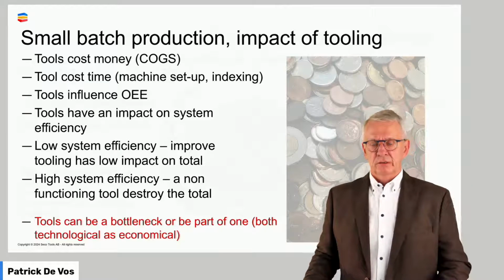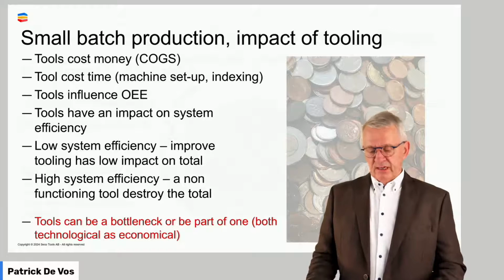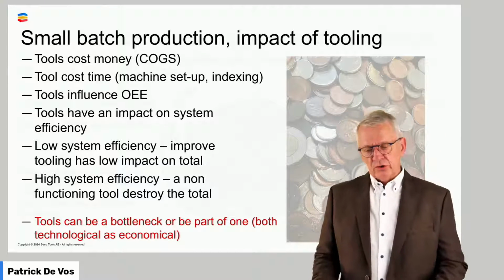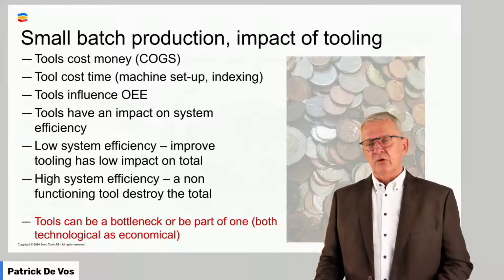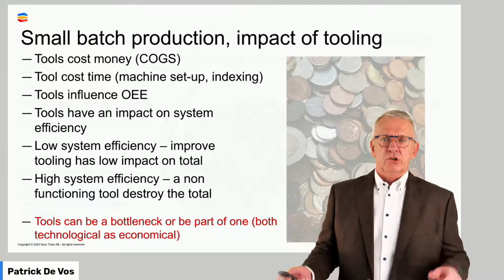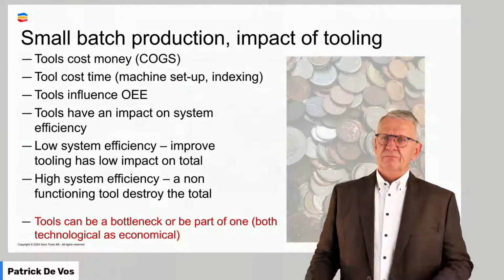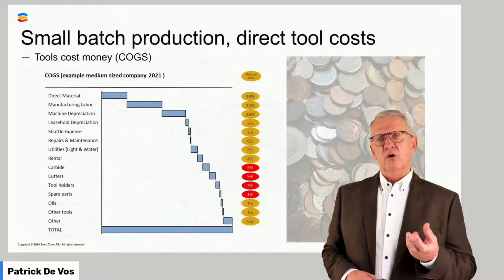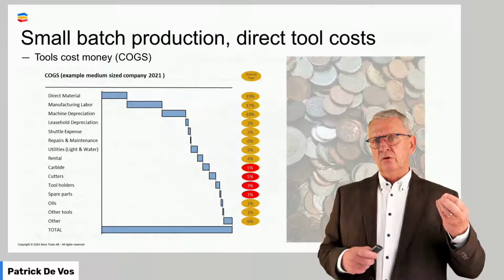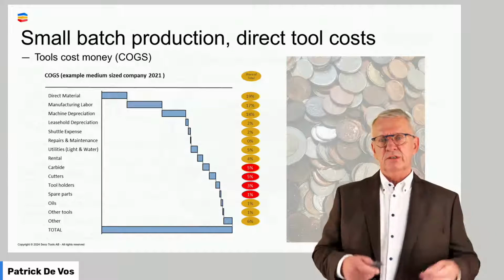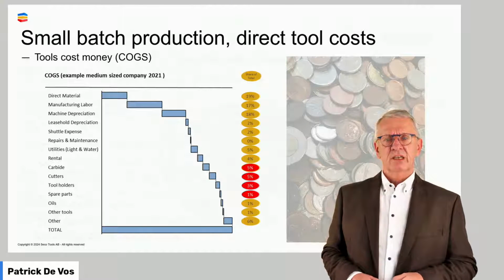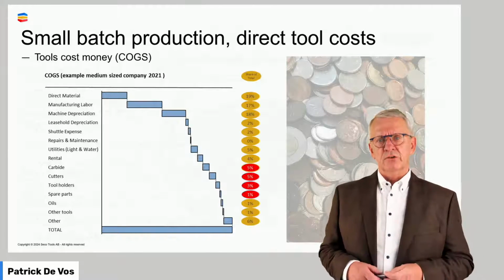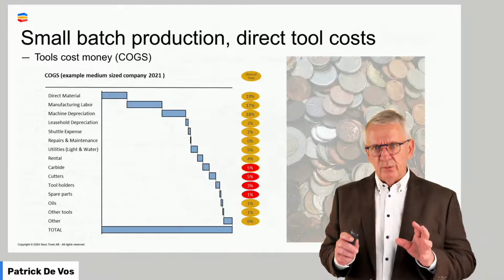Tools cost money. On the other hand, of course, you have the tool supplier saying, yeah, but tools cost money, but that's only a few percentage of the total. Now, I would say be careful with that, because in small batch production, if you really delve into costs, and what you see here on the screen is just a typical example.